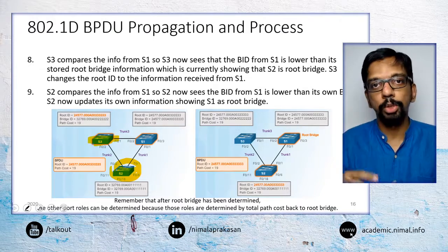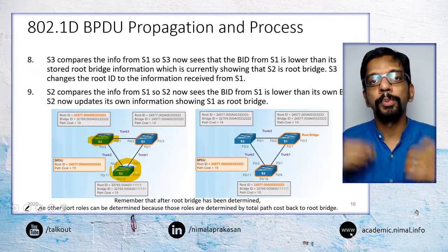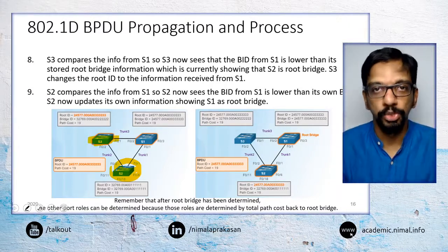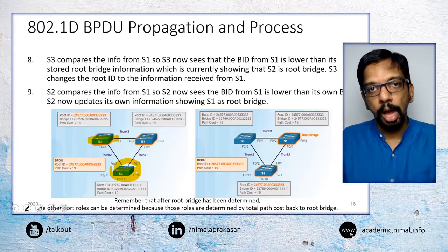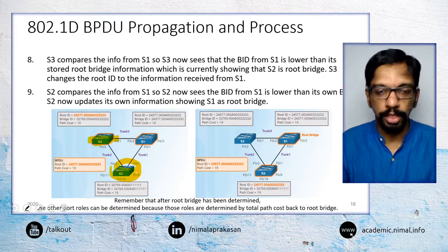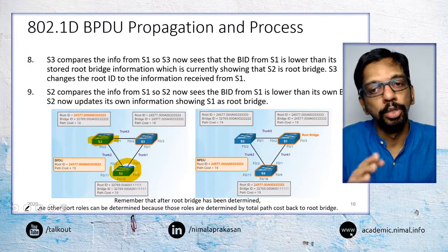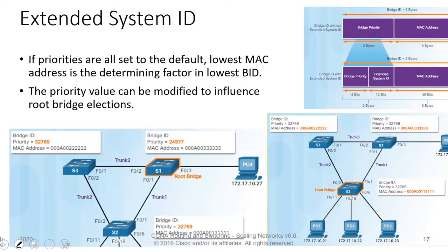After this information goes through all the switches for a while, it will come to convergence, saying a particular switch is the root bridge which has the lowest BID, and the others will update themselves. That is the basic idea behind the BPDU propagation process.